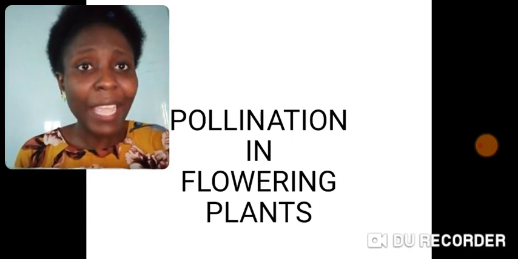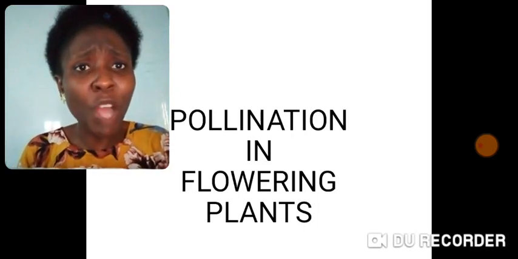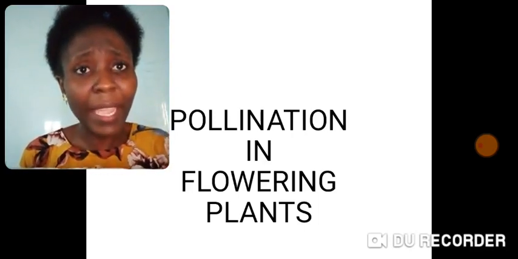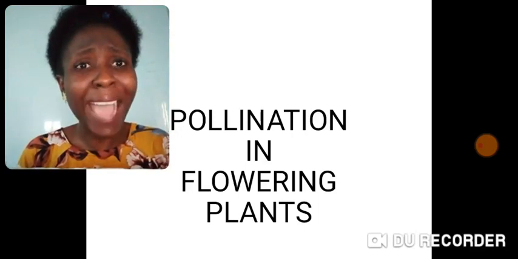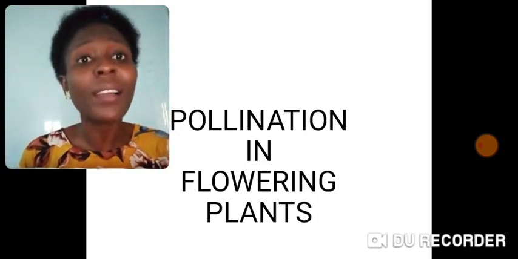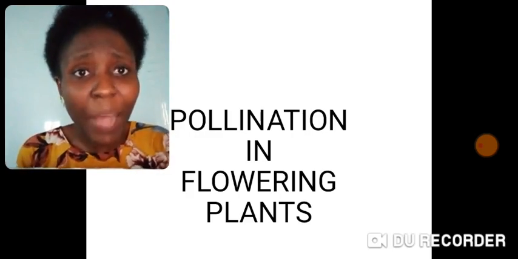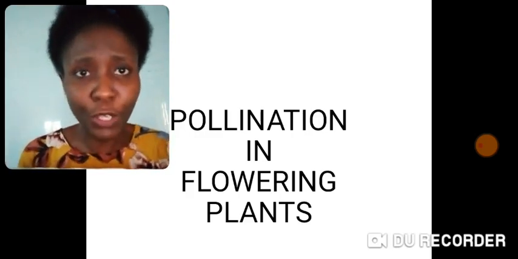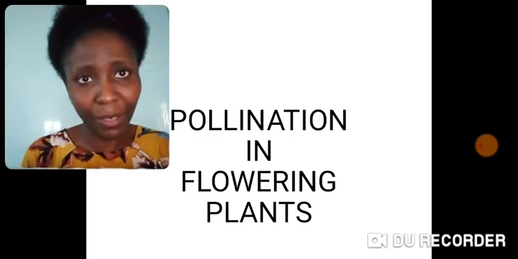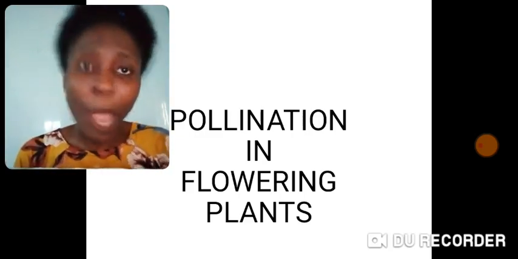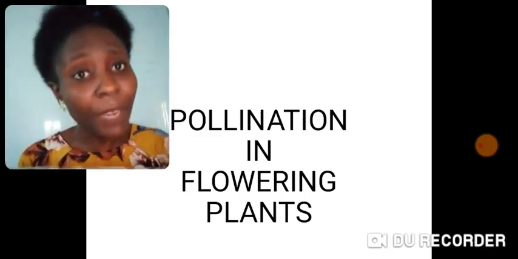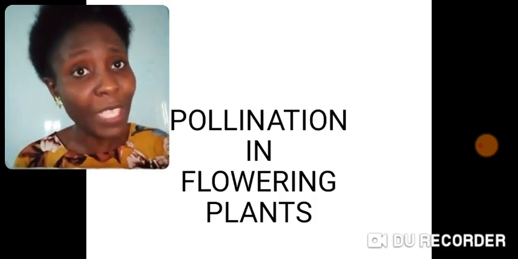That is, it will become non-reproductive, non-sexual or asexual, or it cannot carry out reproductive functions with its own kind, with its own pollen grains.